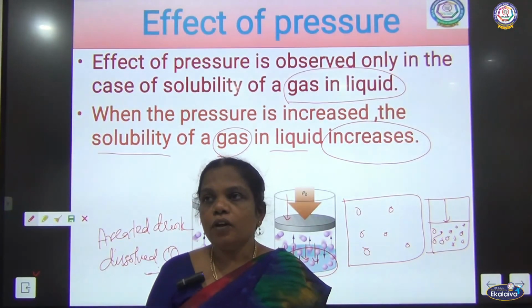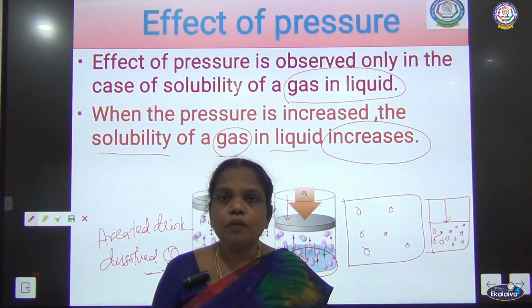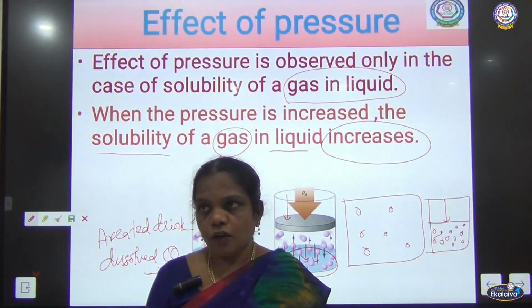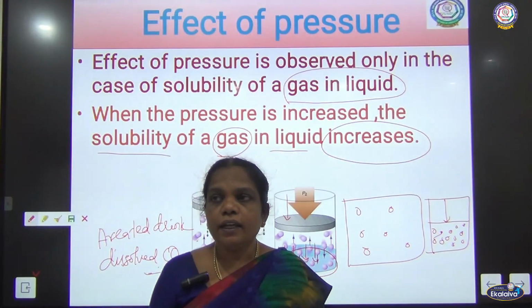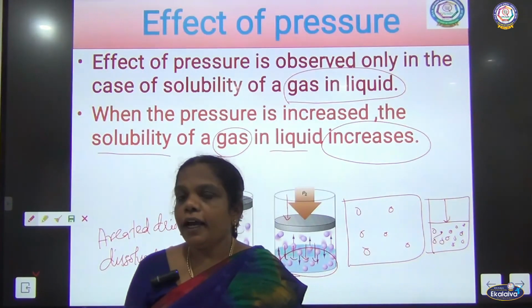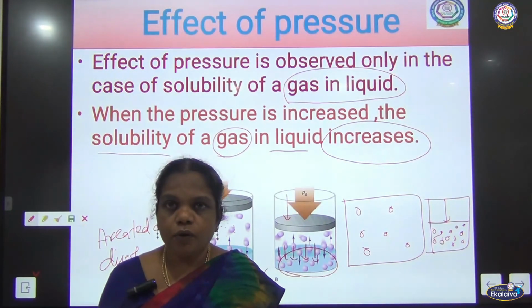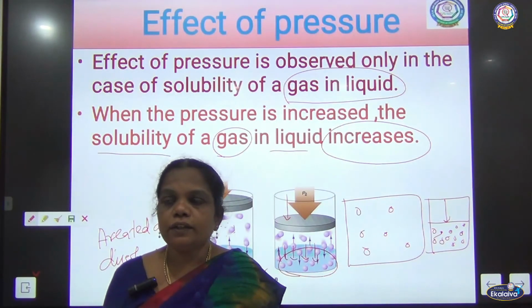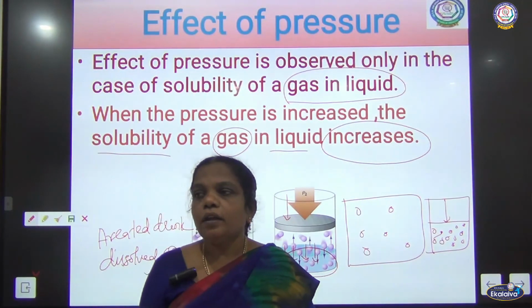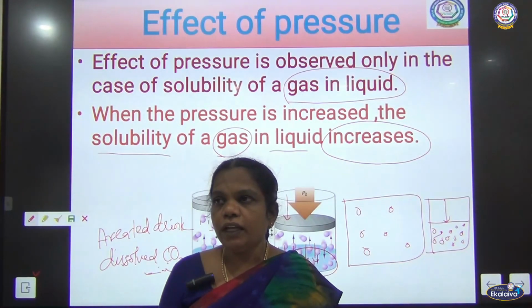Solubility means we cannot dissolve any amount of solute in the solvent; there is a limit. The given amount of solute can be dissolved in the given amount of solvent. So solubility is nothing but the mass of the solute divided by the mass of the solvent.